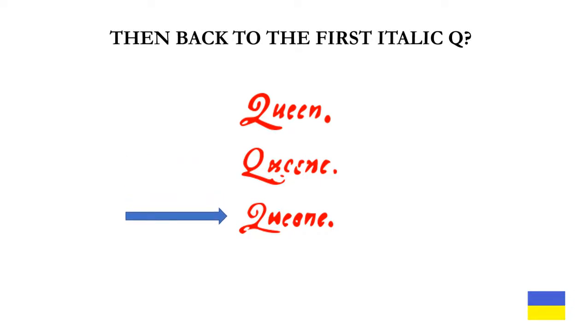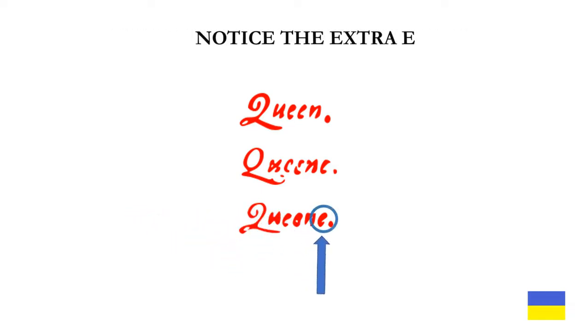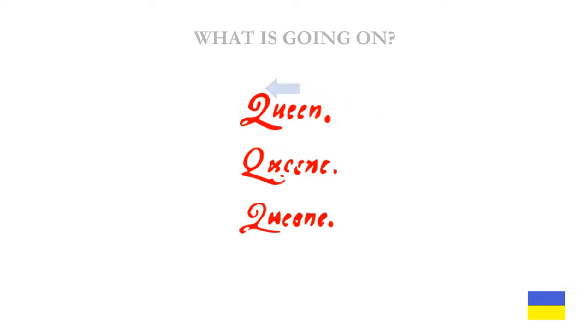Then back to the first italic Q. Notice the extra E in the second version of Queen with that fancy Q. It's missing in the first version of it. So what is going on?